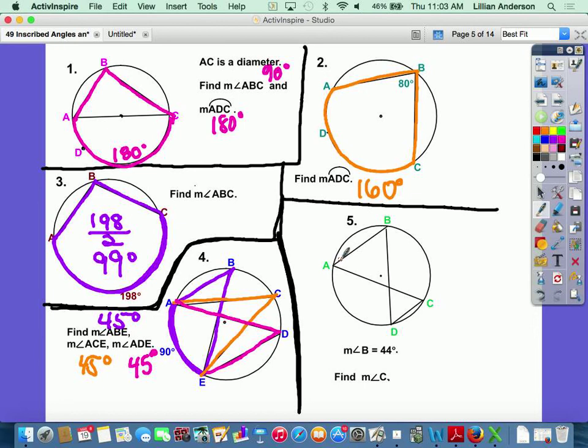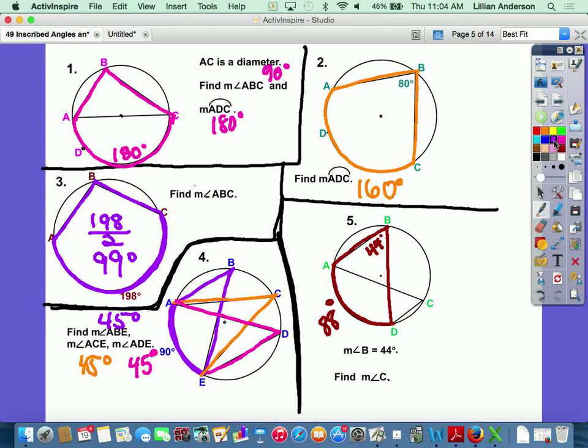So it says angle B, so this angle right here is 44 degrees. Now, this angle B, is it a central angle or is it an inscribed angle? Inscribed. So if I know the inscribed angle, I can figure out its intercepted arc. How big is that? 88. Because all you do is double the angle.